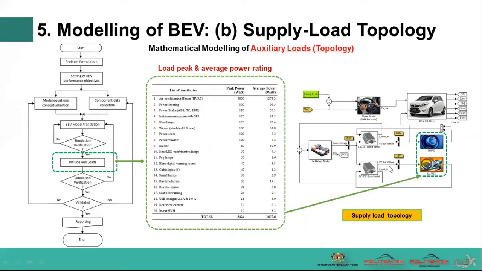The model will undergo simulation verification to verify the energy profile of BEV. And for the purpose of power and energy verification, the model will be prepared in supply load topology, where it consists of high voltage battery, DC-DC boost and buck converter, high voltage and low voltage power buses, and drivetrain with control, and finally the auxiliary load.